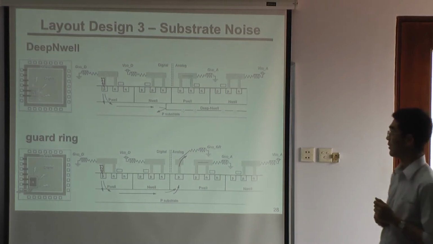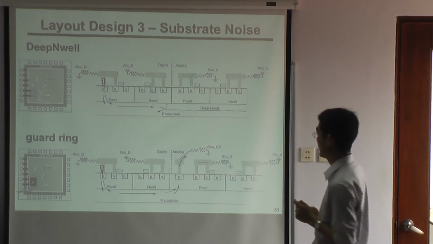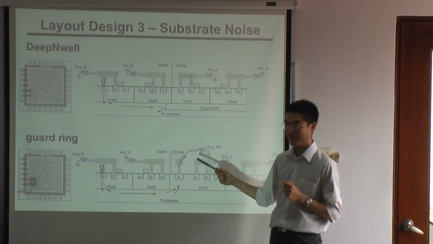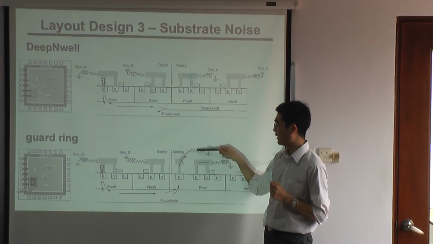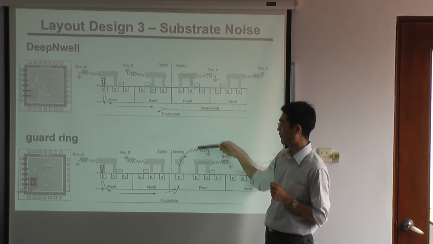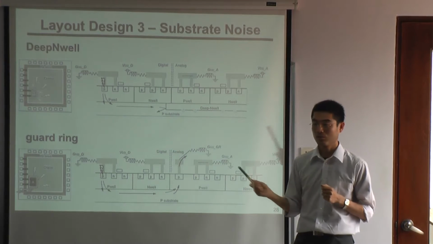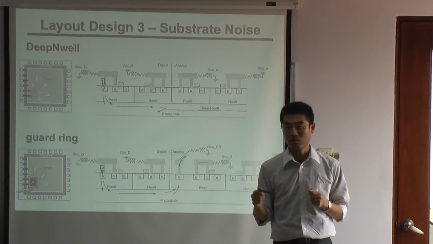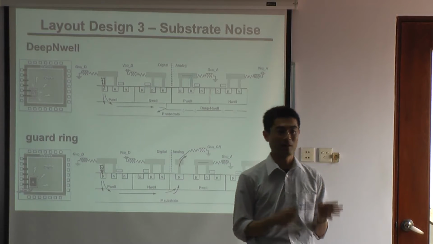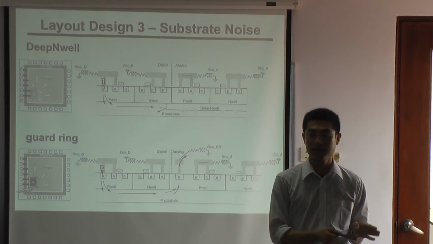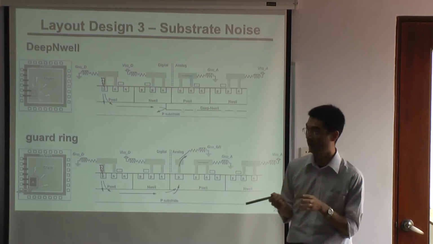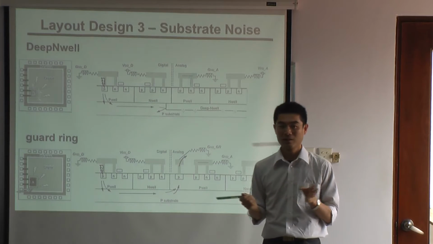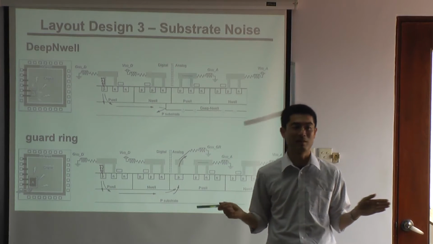So you have to estimate how to use deep N-well and how many pins are assigned for guarding. Of course, with many pins you can reduce the inductance, so the noise can easily go into the ground. So how many pins are assigned for guarding, for power supply itself, and for ground, IO ground and IO power: such kind of pin assignments also matter.